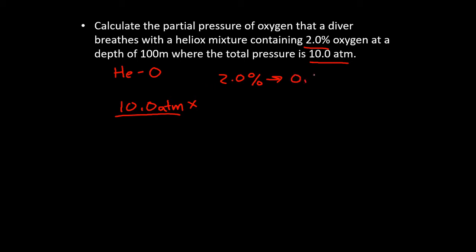And so that will be 0.02. That is the decimal form of 2%. So again, that's just dividing by 100, which ends up just moving the decimal point 2 spaces to the left. And so we could just take this and multiply it by 0.02, and that will tell us that the partial pressure of the oxygen is 0.2 atm.